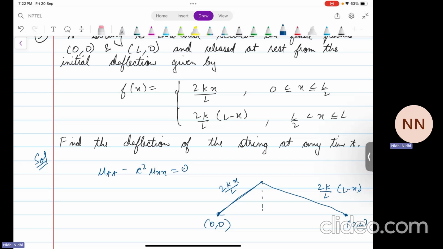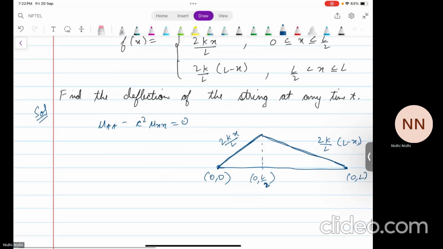This is exactly L/2. So you are just stretching it from the middle, and this string has some shape, something like this. But initially it is at rest. So you have just kept it like this.